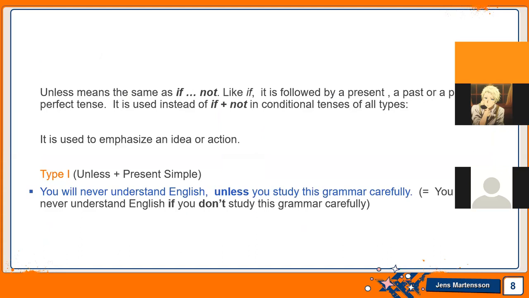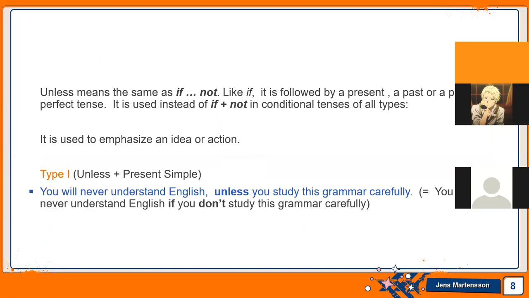Okay, so now we are using if or unless. What does unless actually mean? Unless means the same as if not. If is only if, but unless is if not. So unless itu mengandung makna if not.